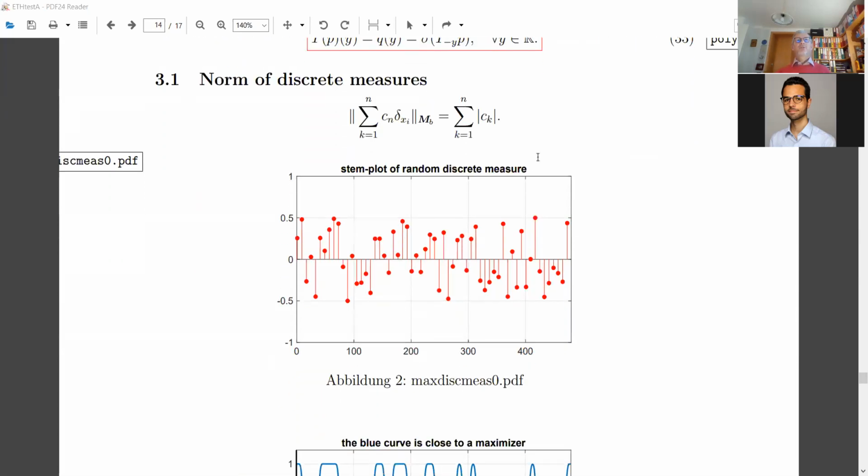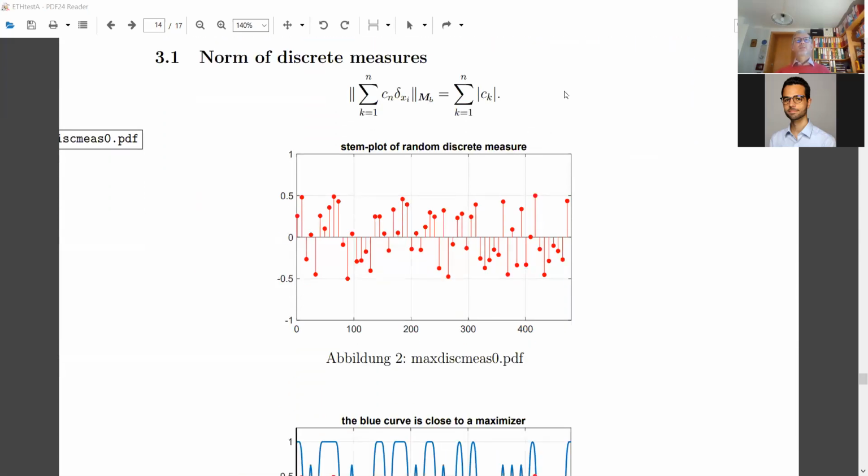So the first topic I would like to discuss in more detail is the question of what are typical linear functionals.